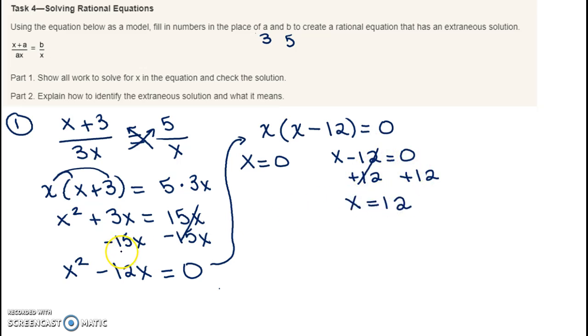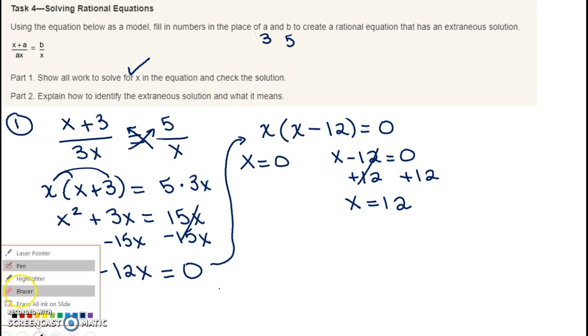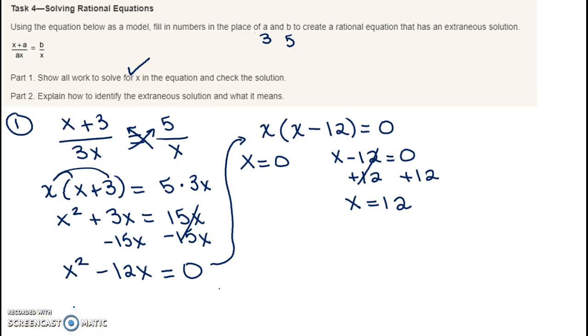Those are my two solutions. Okay, so solve for x in the equation. We did that. Check the solution. So now we're going to take those two numbers that we just found, 0 and 12. We're going to put them back into the original equation, and we're going to see if they work.